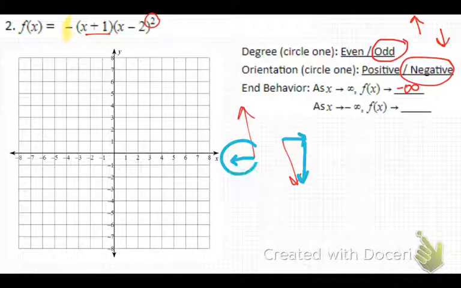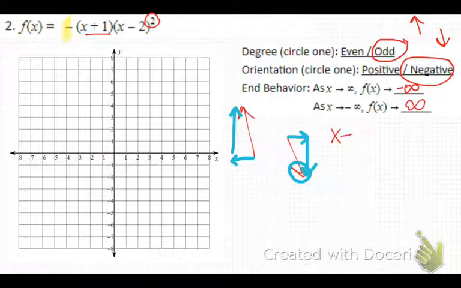As I go to the left right here, do I go up or down? The red arrow is my end behavior. So as I go to the left, do I go up or down to hit it? Okay, thank you. So what kind of infinity is that? Positive infinity.